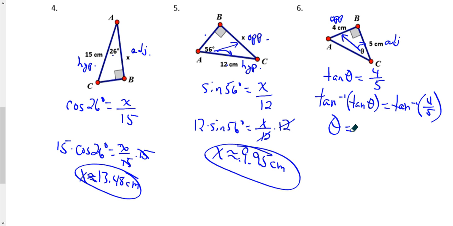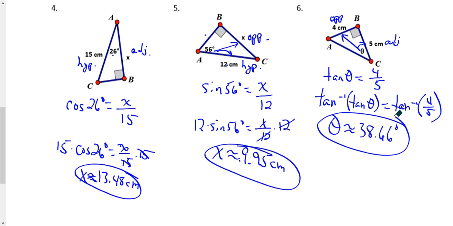Now you go to your calculator. What's the inverse tangent of 4 divided by 5? Close parentheses. You keep forgetting to do that. So theta equals approximately 38.66. What are our units? Inverse trig always gives an angle. We're in degrees. Okay?